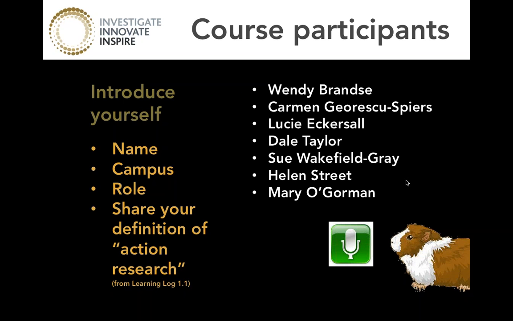Just to recap, some of the words that I heard people use in describing their definitions of action research I think are really worth thinking about. Some of those key words. I heard disciplined. I heard spiraling, cyclical, iterative, those stages of plan, act, reflect, this idea of systematic inquiry, collaboration, framework, practice, and improving learning.